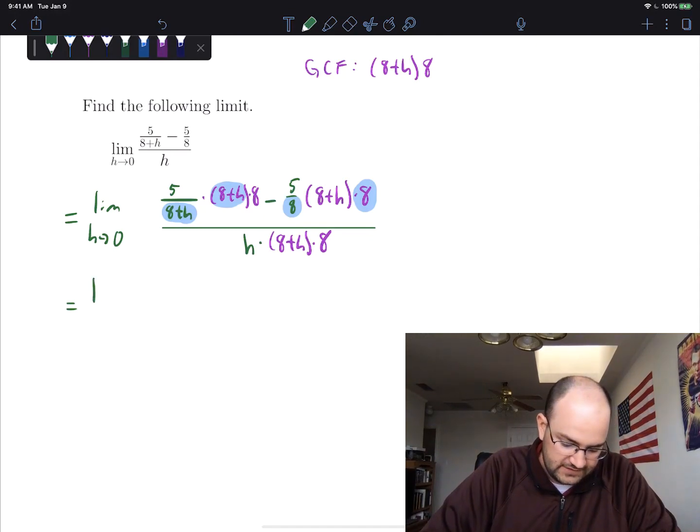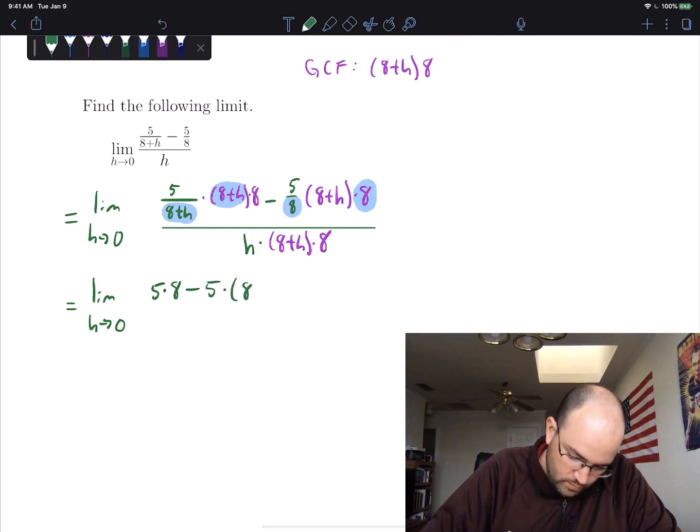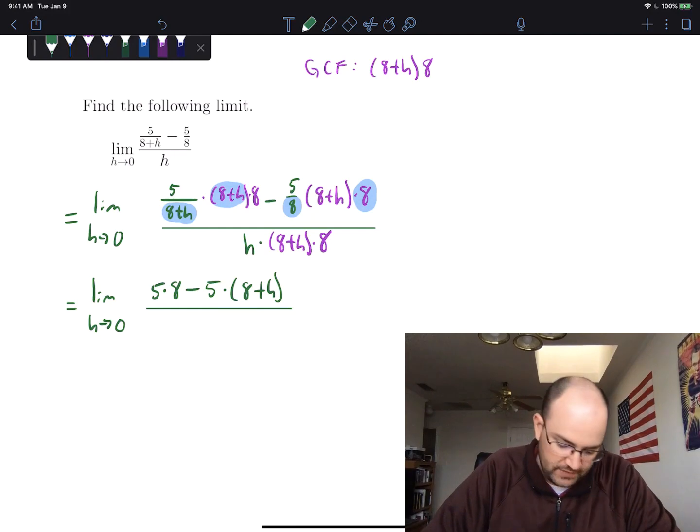This is going to give us the limit as h goes to 0 of 5 times 8 minus 5 times 8 plus h, then all over in the denominator, all that's still there. So I'm going to make this 8h times 8 plus h.